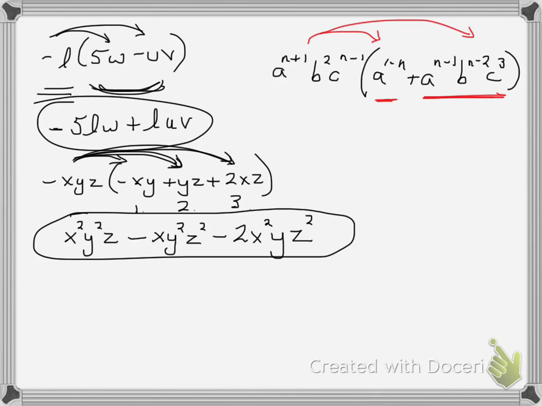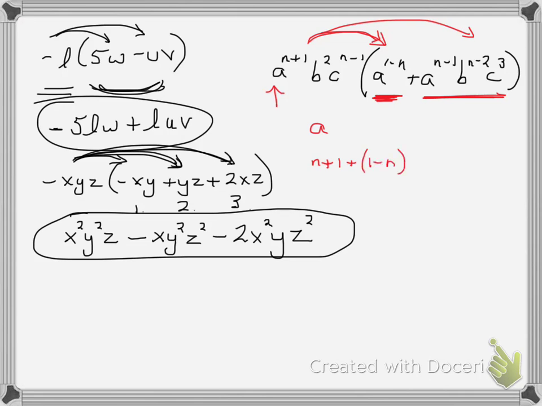Looking at a's, remember a's only distribute with a's. So in this first distribution, this part here is only going to affect the a portion over here, because we only combine by variable. So here what I really have is adding exponents. I'm going to think like this: a, and then adding all those exponents in my mind, n plus 1 plus 1 minus n, just like that.